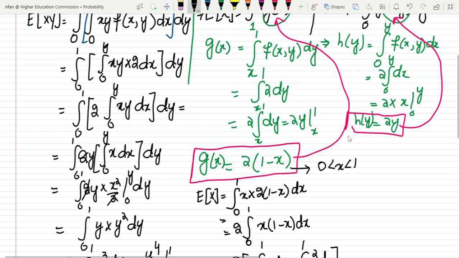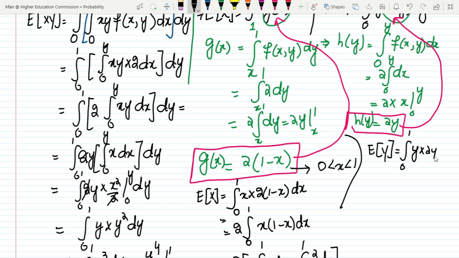Here I would get E of y, writing the limit 0 to 1, y times 2y dy.